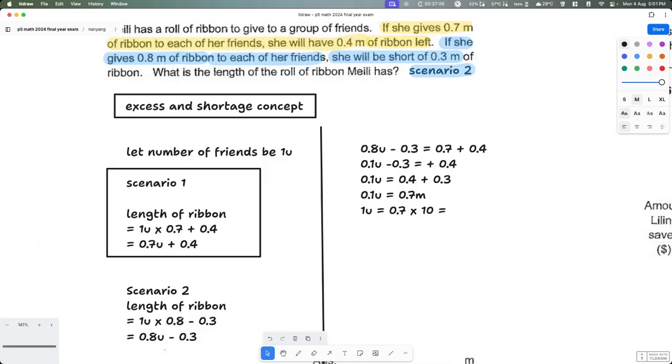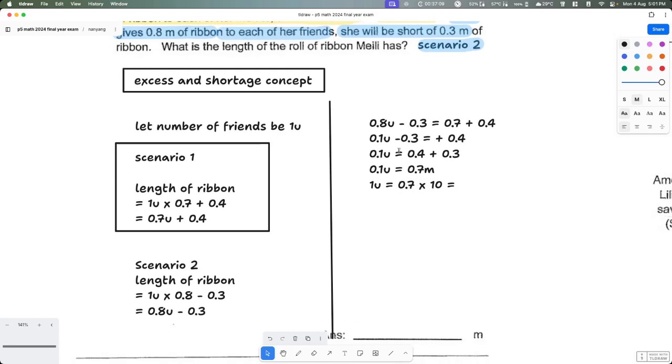Sorry, this will be 0.07, so 1 unit is 7. So length of ribbon will be equal to 7 times 0.7 plus 0.4, equal to 4.9 plus 0.4, which equals 5.3.